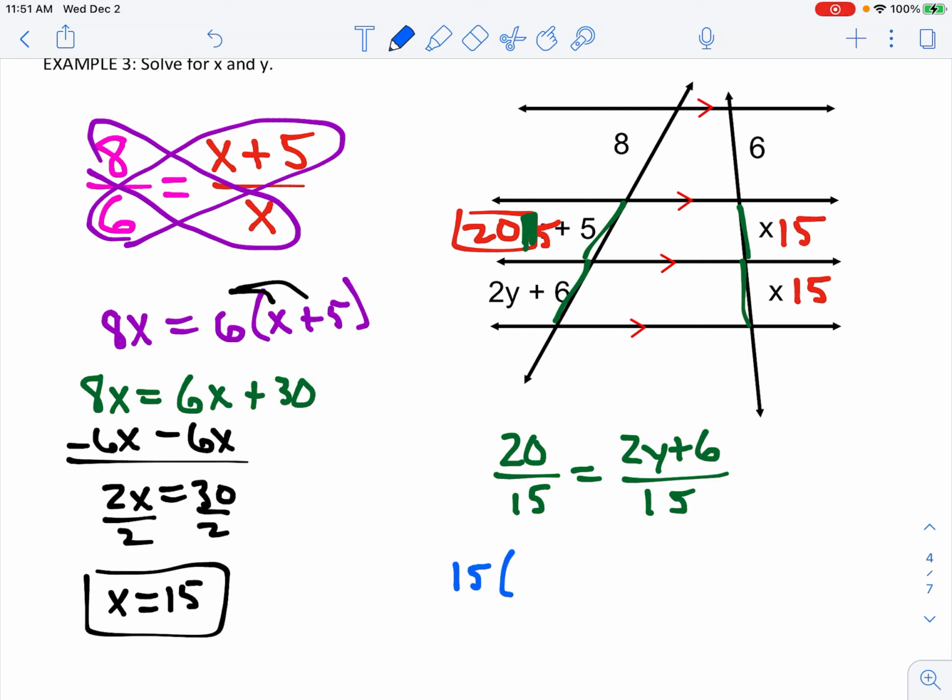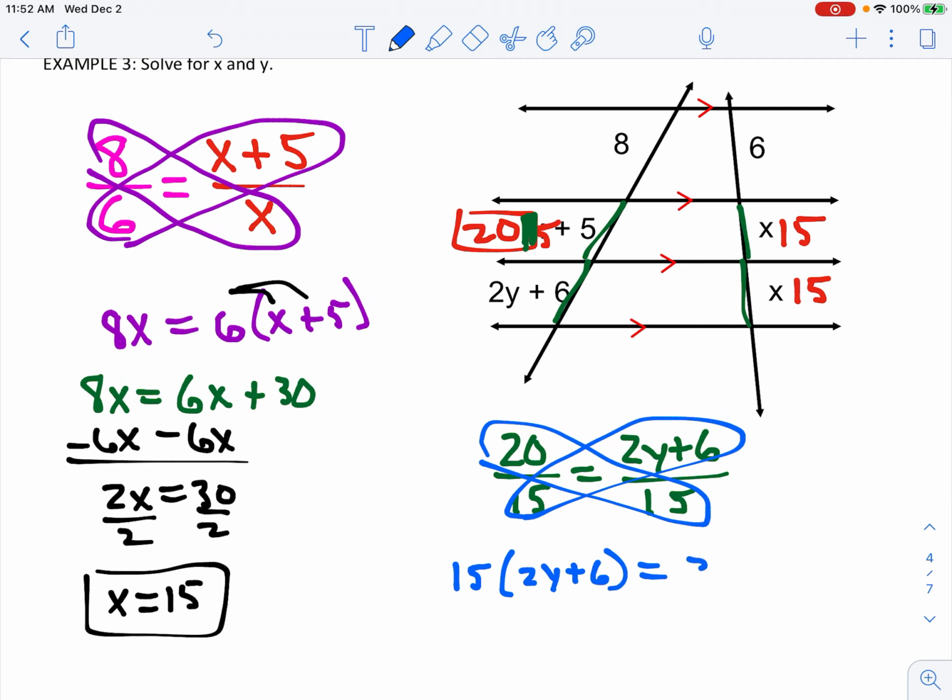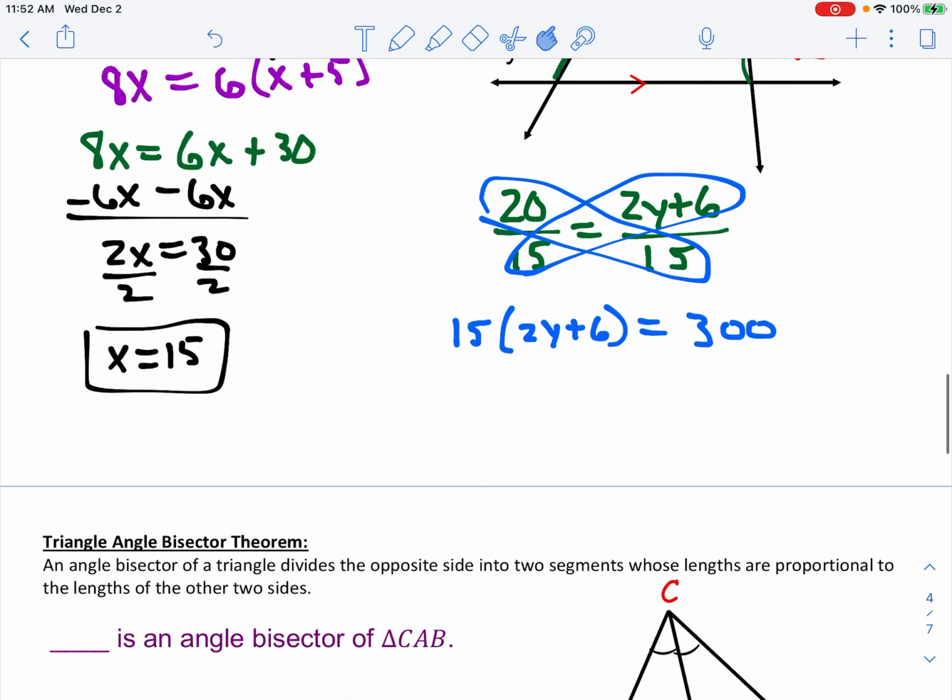So 15 times 2y plus 6 should be equal to 20 times 15. Now, 20 times 15 will give us 300. So to find y, we need to distribute this and solve it. If I distribute, I get 30y plus 15 times 6, which will get you 90.